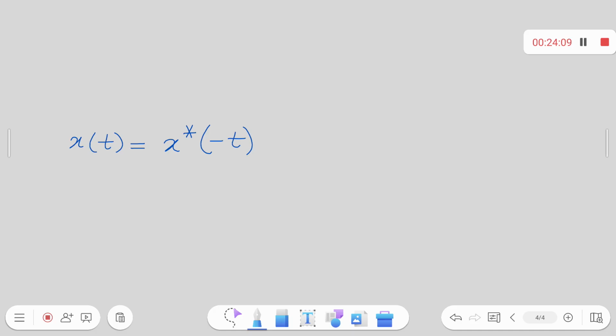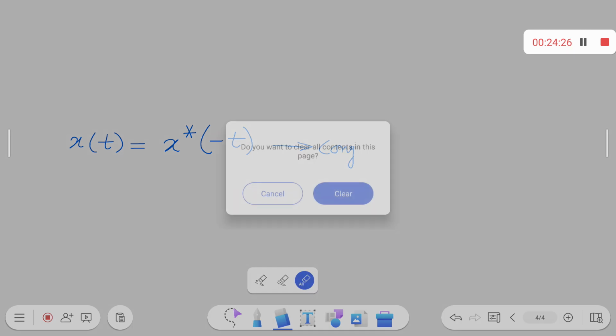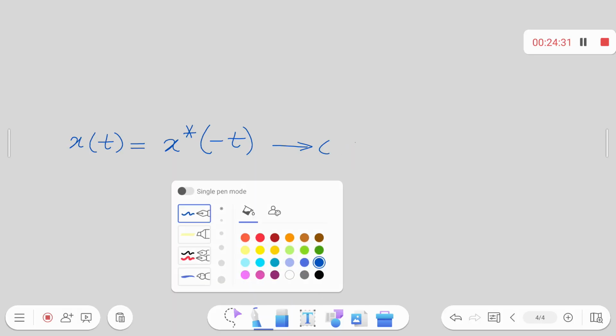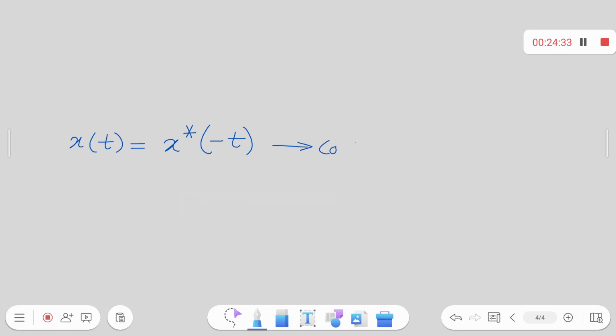If this condition is satisfied, that is x of t equals x star of minus t, then we call the signal a conjugate symmetric signal.